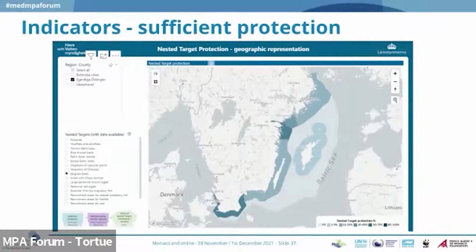They have different percentages of how much of their eelgrass beds they have actually protected. So that's useful information, because you can really see where there might be an opportunity to increase it if you're looking for more protection of eelgrass beds.